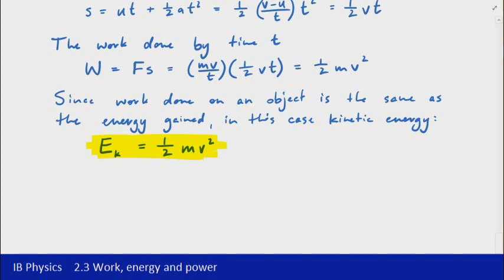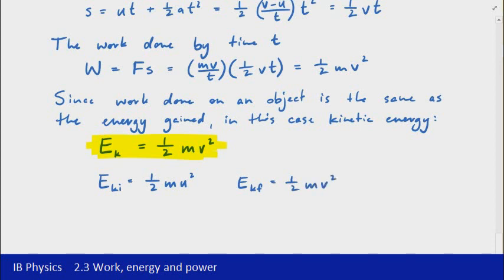There's one last note to make here, and that's about if the initial speed wasn't 0. If you think about it, if we start off with an initial condition where we're looking at an initial velocity u, the kinetic energy is half mu squared, and then it accelerates to v, let's call that EKI for initial, and EKF for final, that would then be half mv squared.